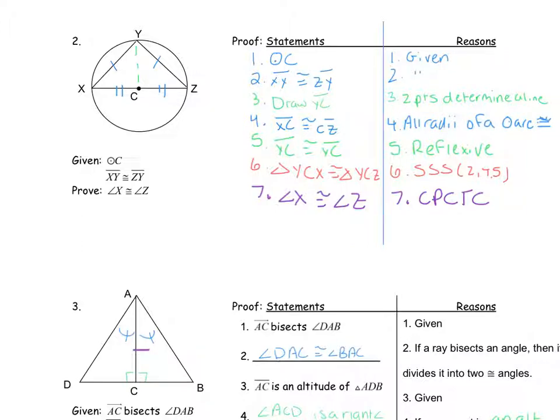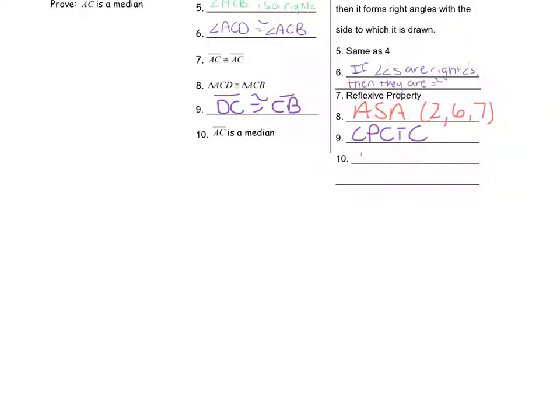And this is like the first proof that we did. So we're going to say if a segment hits at the midpoint of the side to which it is drawn, then it is a median.